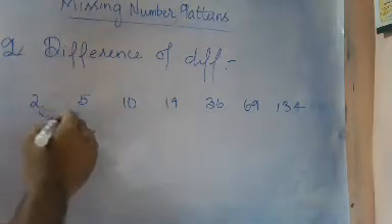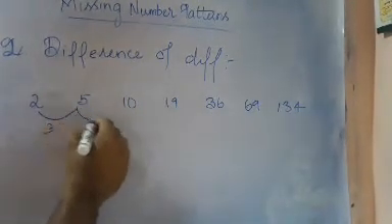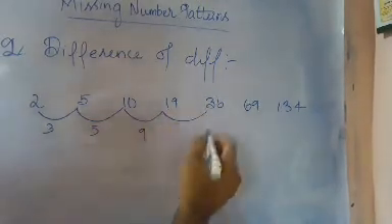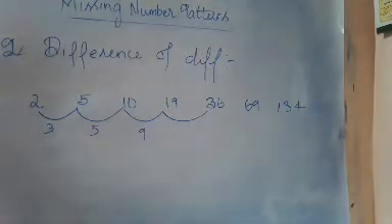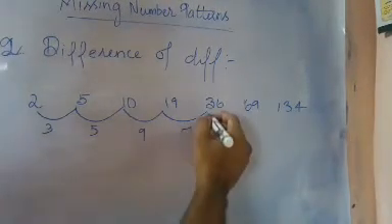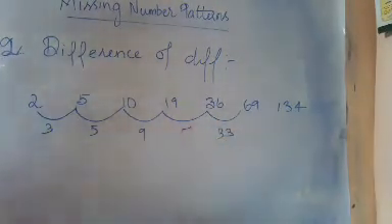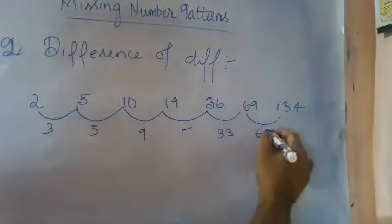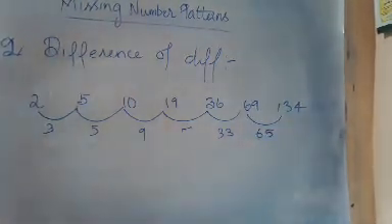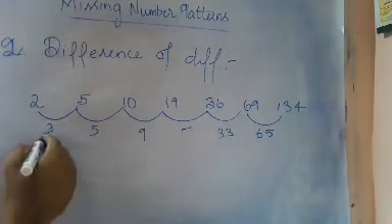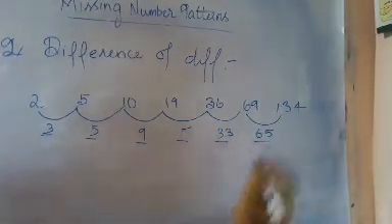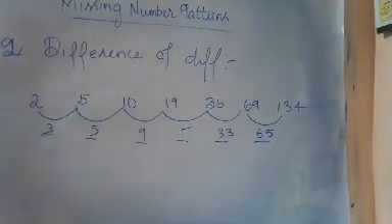So we're going to find the difference between them. 3, 5, 9, 17, 33 and 65. So we are going to check is there any pattern here, and there is no pattern available in this difference.